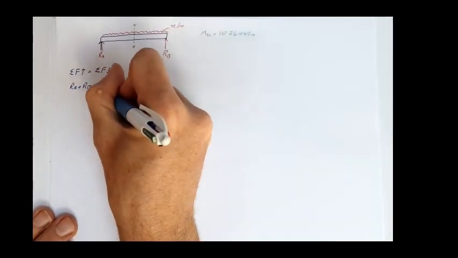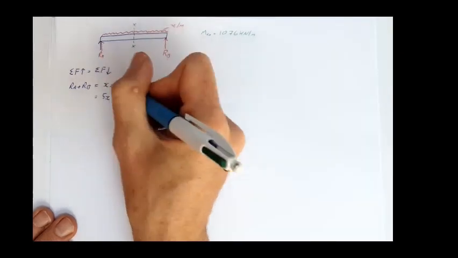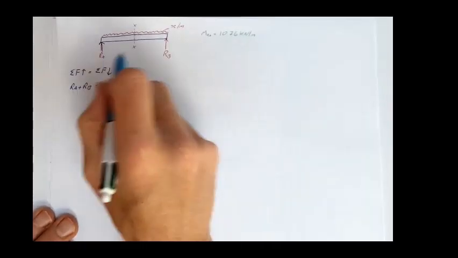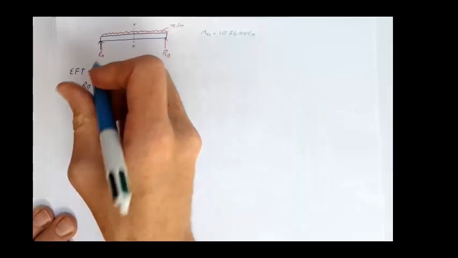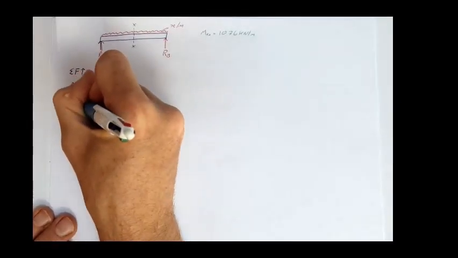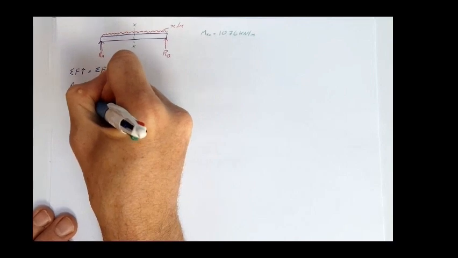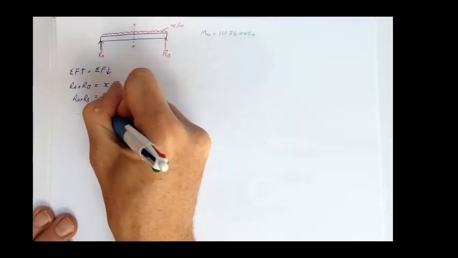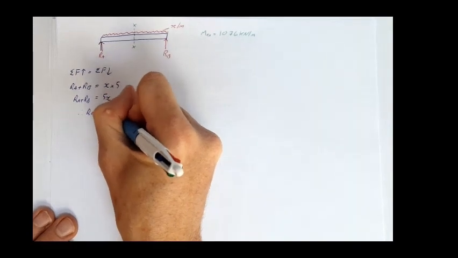So 5x equals RA plus RB. If they're uniform and equal, they're going to be half of that. So RA plus RB can both be the same. Therefore RA equals 2.5x.